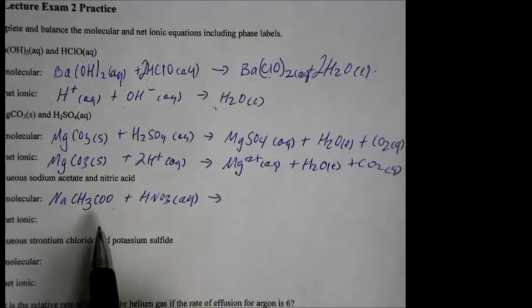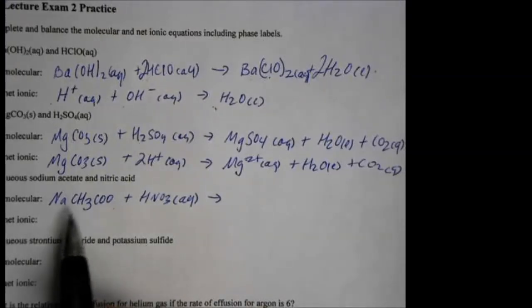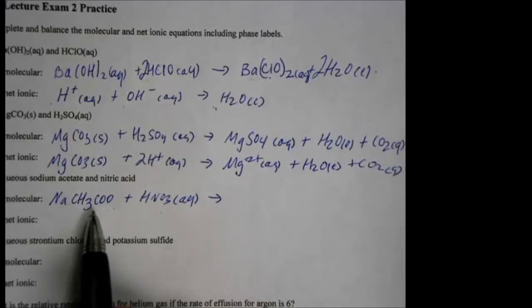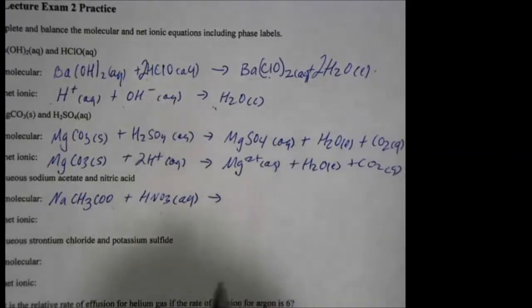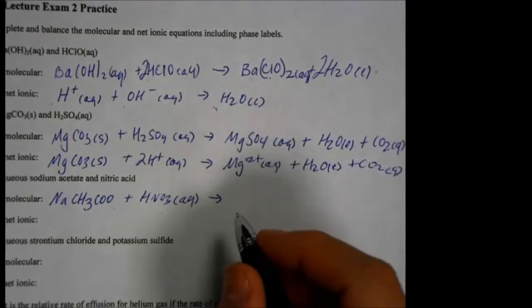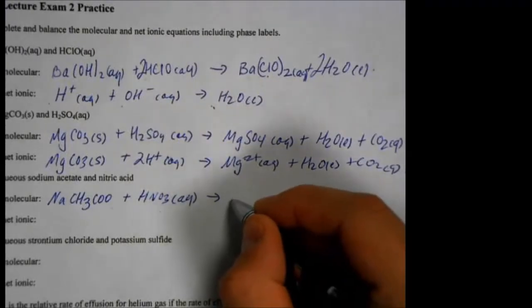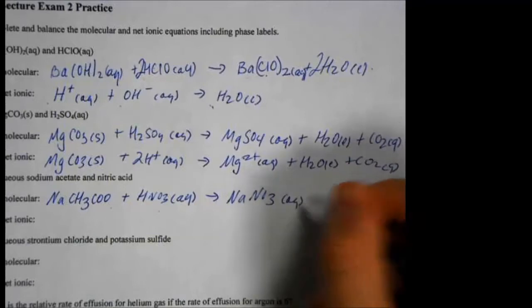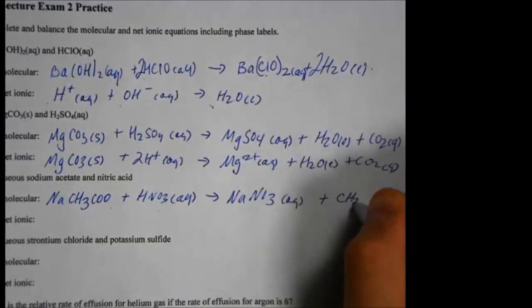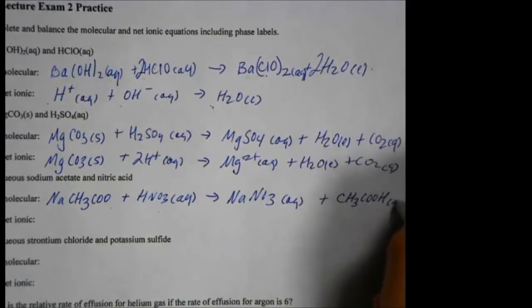Now, a lot of you may say, oh, NaNO3 and acetic acid are both soluble, so no reaction is going to take place. That is actually not true. In this case, the reaction that's going to take place is as follows. We are going to get NaNO3 aqueous, and we are going to get CH3COOH aqueous.